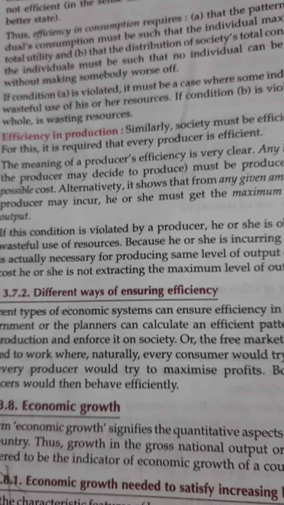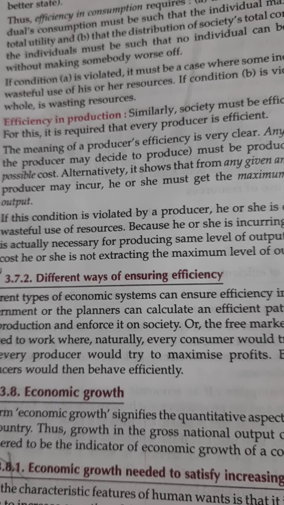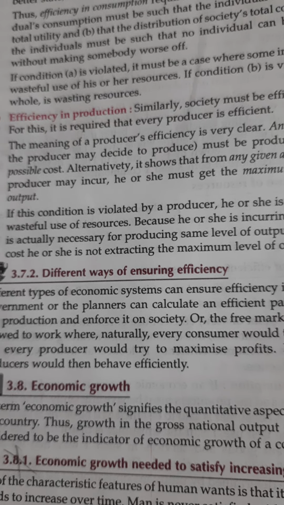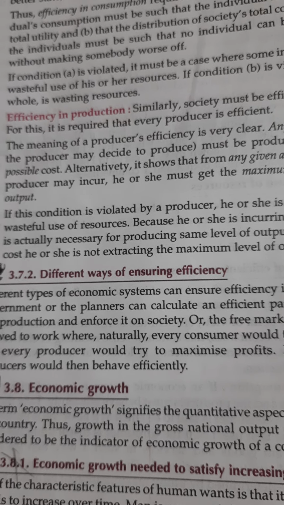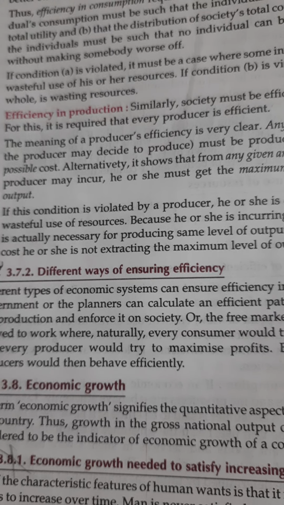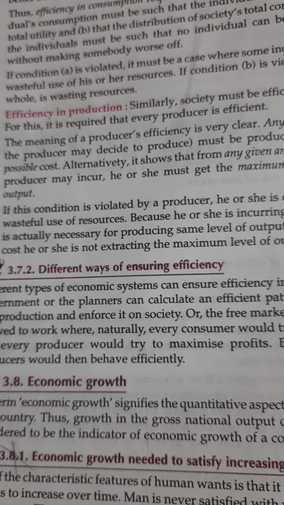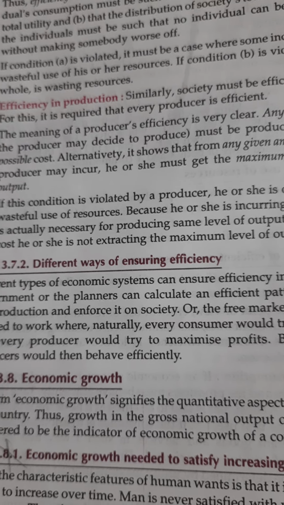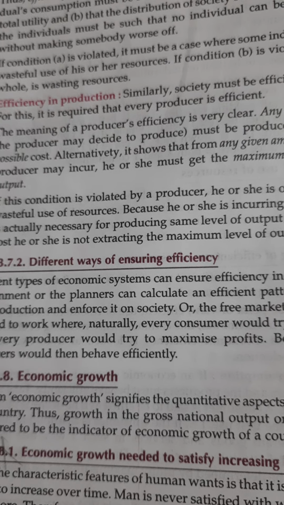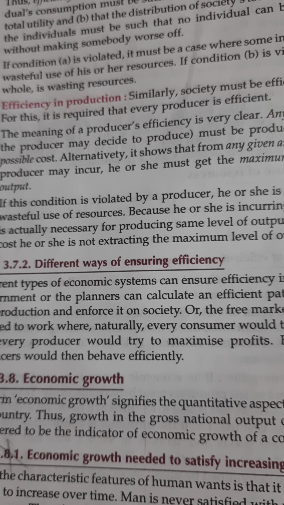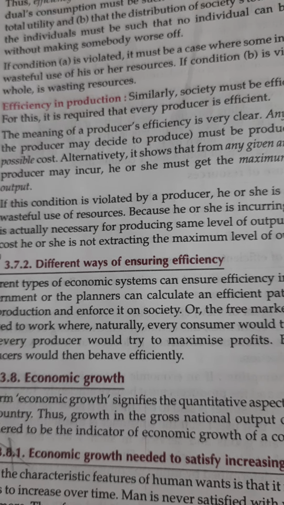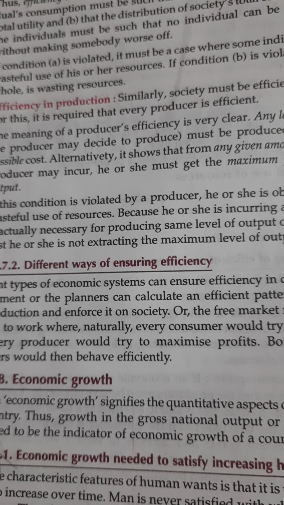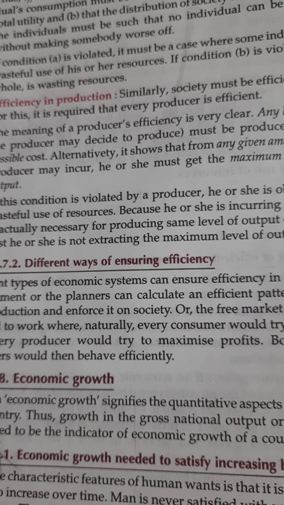Now when we talk about efficiency in production, we have to understand the perspective of the producer. Producer is efficient when there can be two alternative cases for this. A producer can be efficient if he gets maximum output at a minimum possible cost, or if at any given cost he can get maximum output.